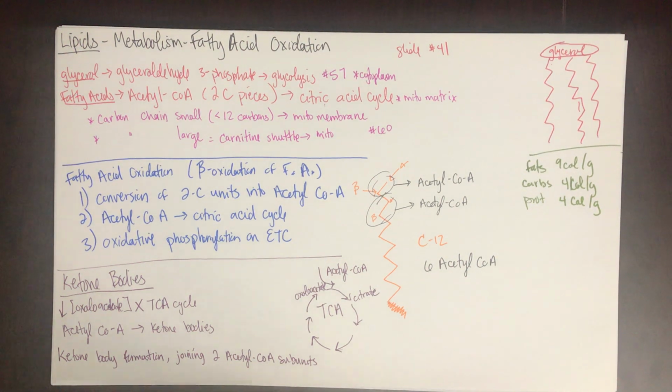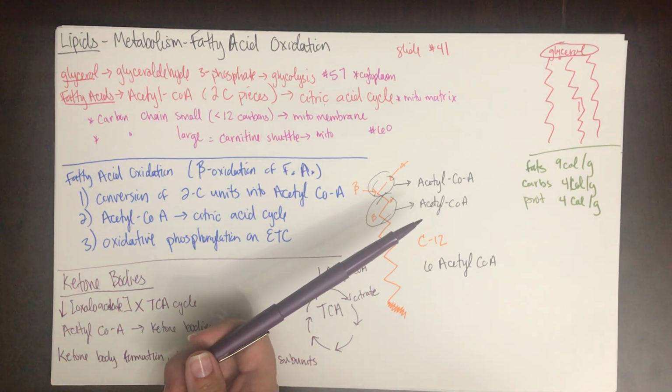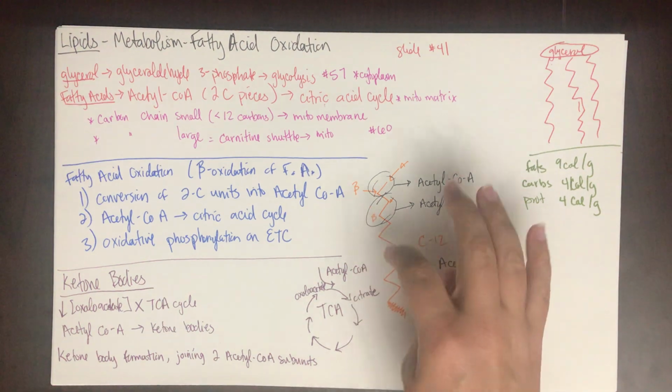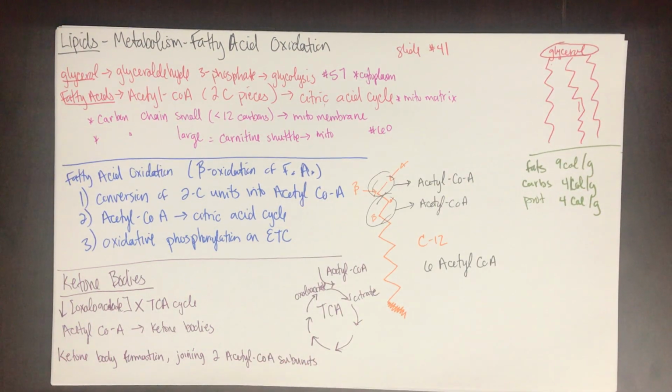Okay, so that's ketosis. So fats are an important energy source in animals. These 2 carbon units from our fatty acid chains are oxidized by beta oxidation. It's broken apart into 2 carbon pieces until all of these carbons are used up. Remember that natural fatty acids are made in even numbers, so you would always have an even number here.